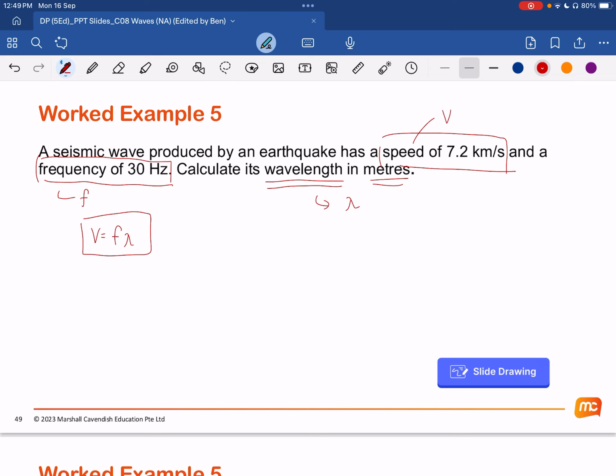If v equals f lambda, I want to find lambda, so I take v divided by f. Simple algebra manipulation. I need to divide both sides by f. So 7.2 km per second divided by 30 hertz.